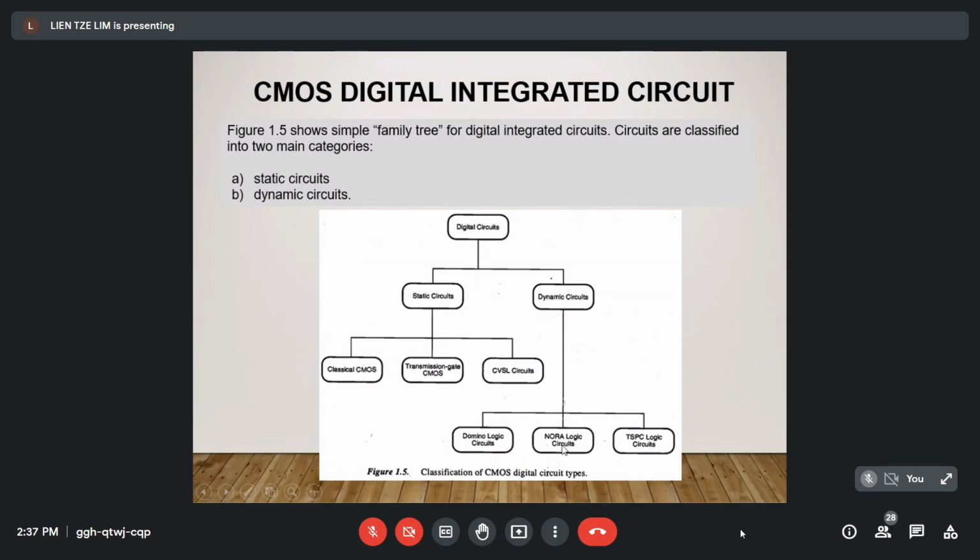Today, I think I will not be able to cover these two, because before the domino and Lora logic circuit, I want to introduce you to another circuit called pass transistor.